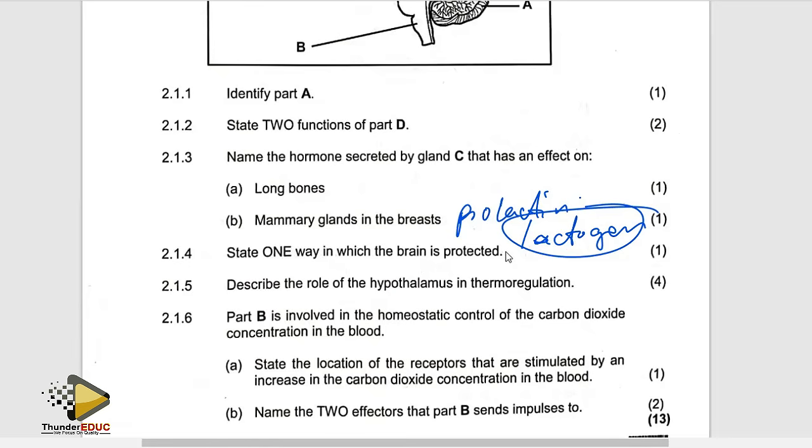And the cranium, we said that don't talk about skull, talk about cranium. Then they're saying describe the role of hypothalamus in regulating thermoregulation. How is the hypothalamus able to regulate it? Remember, how does it control thermoregulation?